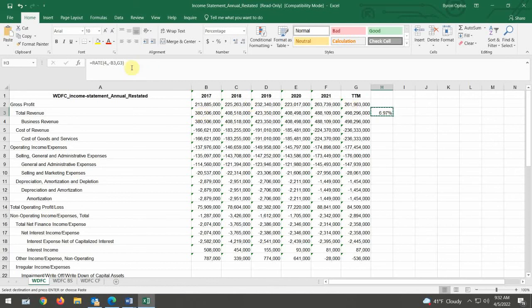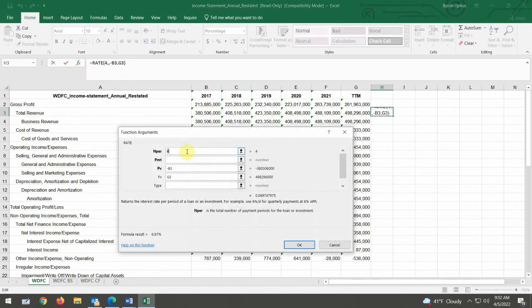This is the end of 2017, so I went end of 2017 to the end of 2018 to the end of 2019 to the end of 2020 to the end of 2021, and I just count four fingers, so I used 4 as my number of periods. Of course, my present value is just that, and I put it in as a negative so I get a positive number.